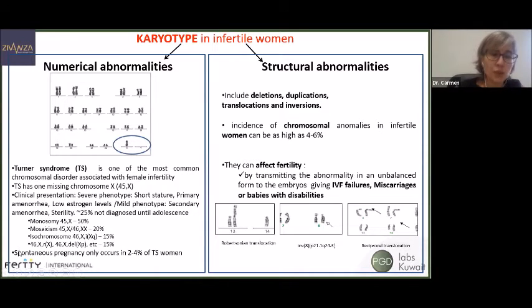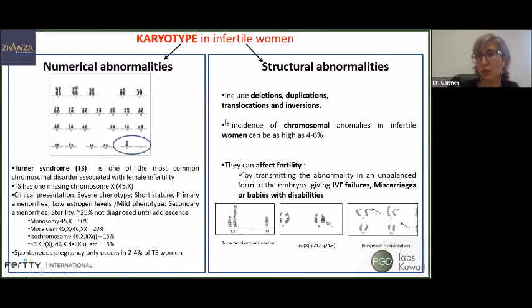Also, spontaneous pregnancy can be achieved in only around 2–4% of these Turner syndrome women, and in most of these cases they are mosaics. They also have normal cell lines. Regarding structural abnormalities, it's quite similar to male infertility.